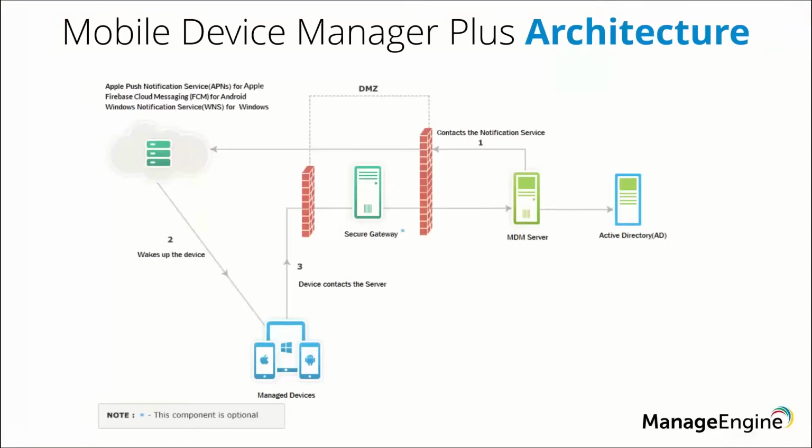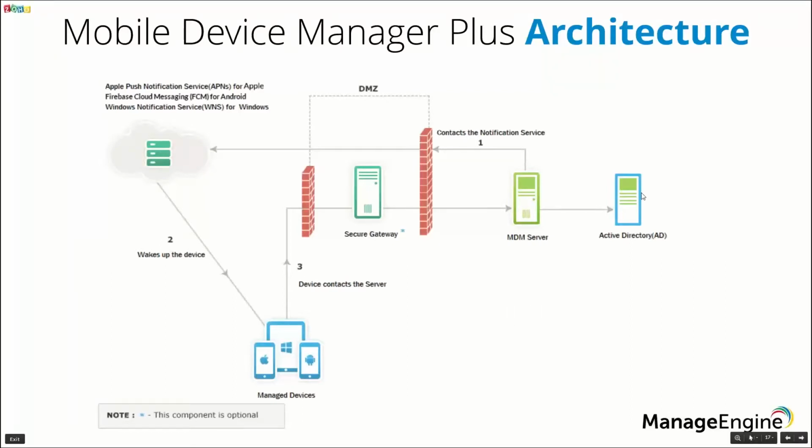If not, you can also place an additional component called a secure gateway, which will be accessible to all the internet devices. The device will contact the secure gateway server, which in turn will redirect the communication to the MDM server.